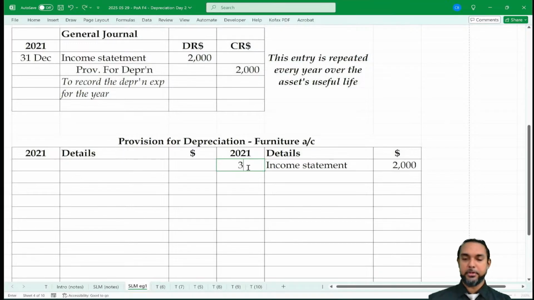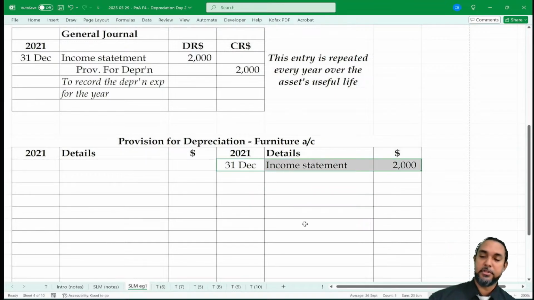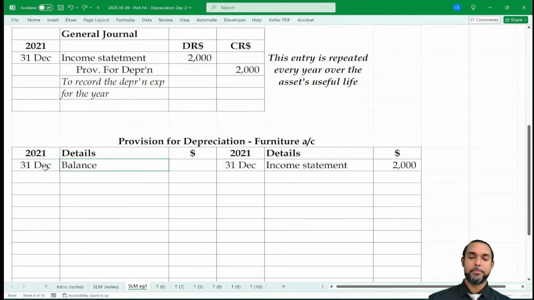And this was on the 31st of December, that is the end of the year. So this is the adjusting entry and the closing entry at the same time. So we have to balance off now. We have the balance carried down, and the figure there is 2,000, right?